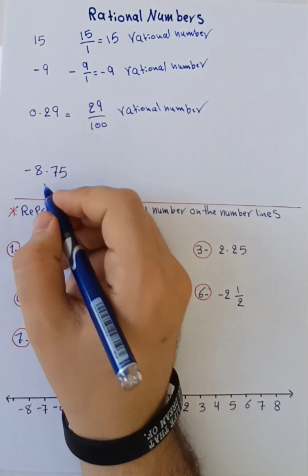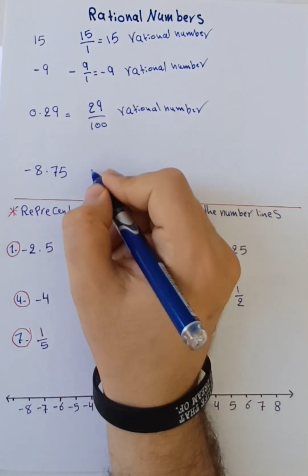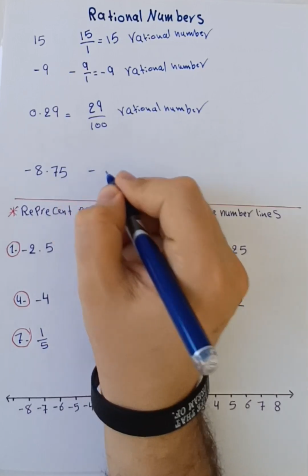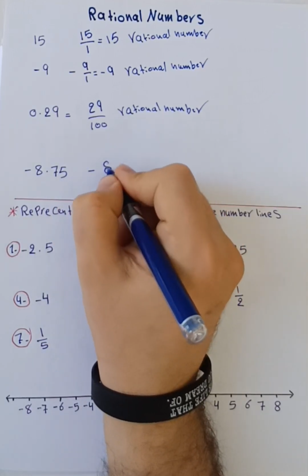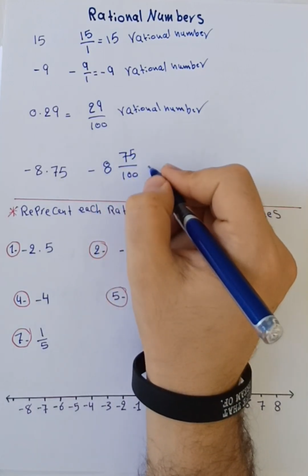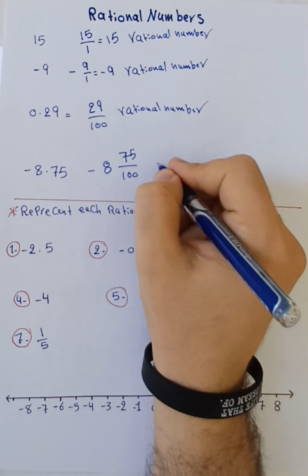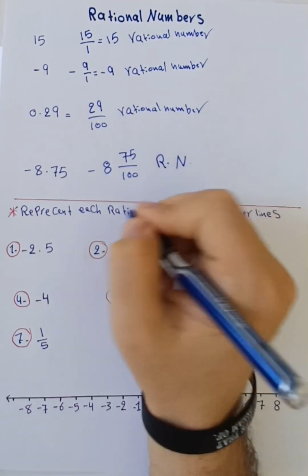And then we have negative 8.75. We can write this decimal number as a fraction like negative 8 and 75 out of 100. So negative 8.75 is a rational number.